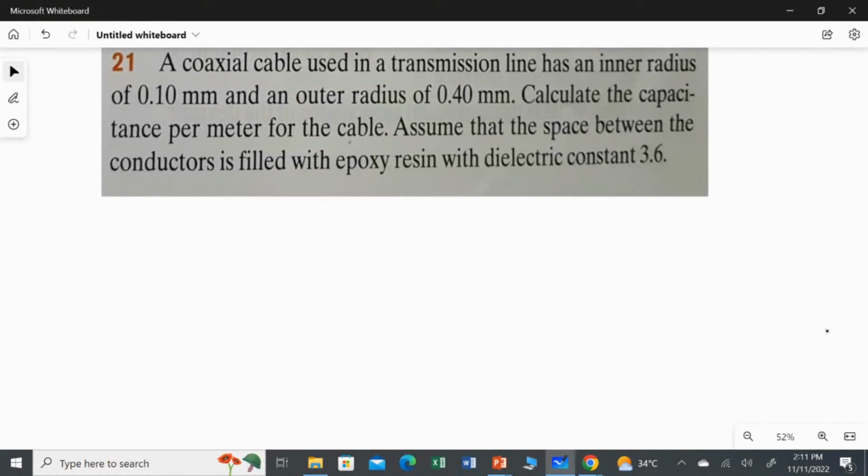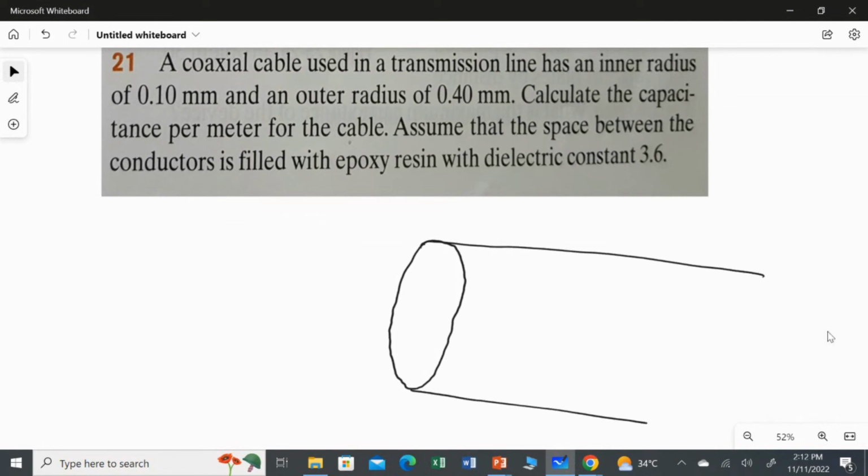We are using these types of cables in our day-to-day life applications. So this cable has two layers, which I can draw in the diagram. It will be a cable over a cable. If you consider this the outer layer and the inner layer, we have this type of wire for different applications. Okay, this is the coaxial cable.